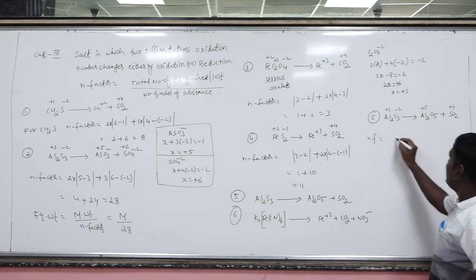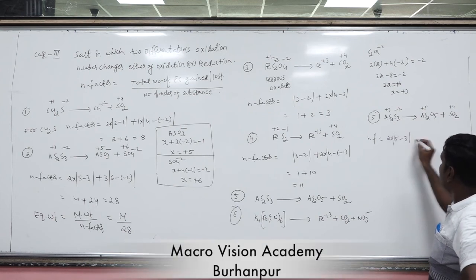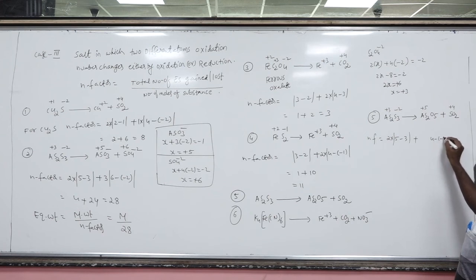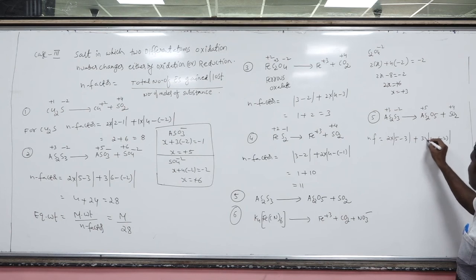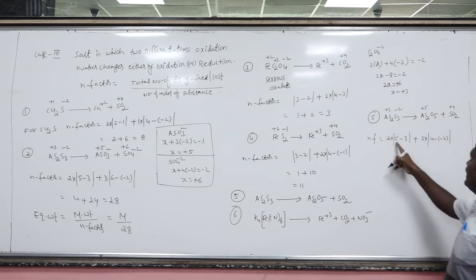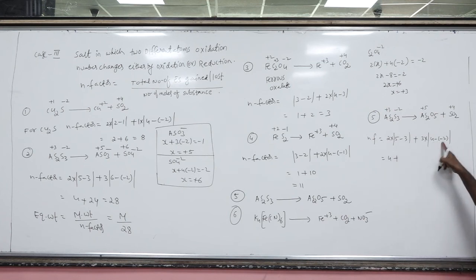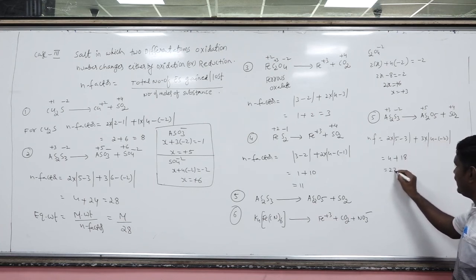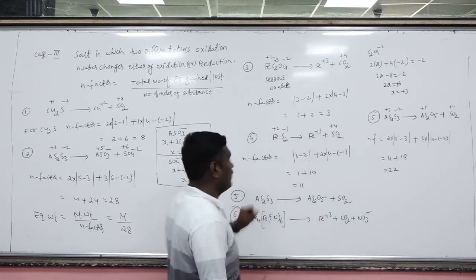Change in oxidation number of arsenic 5 to 3, modulus, total number of arsenic atoms will be 2, plus change in oxidation number of sulfur 4 minus of minus 2, modulus, into number of such sulfur atoms which are 3. So 5 minus 3 means 2, 2 into 2 means 4, plus 4 minus of minus 2, so 4 plus 2, 6, 6 threes are 18, 18 plus 4 is 22.